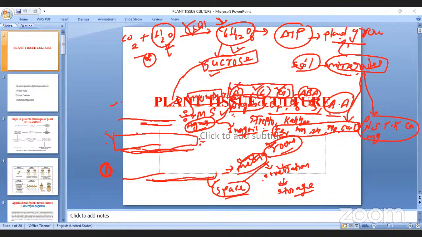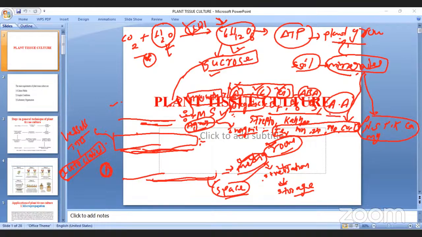Mainly vessels, the tissue culture tubes. First, the tissue culture tubes need to be washed with detergents. Even after washing with detergents, you should keep them in the autoclave. An autoclave looks like a pressure cooker. After 15 minutes, any microbes present are eradicated.